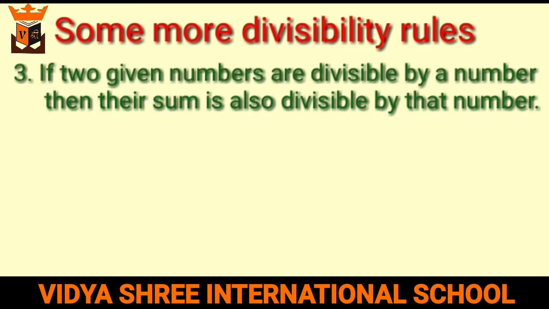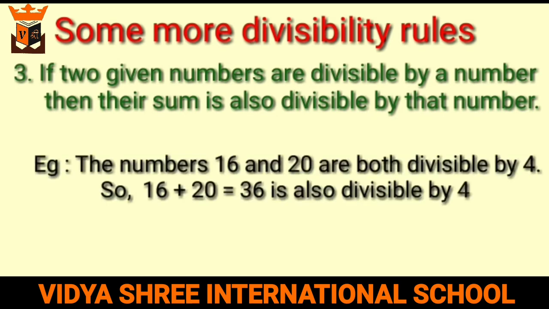Third rule is if two given numbers are divisible by a number, then their sum is also divisible by that number. For example, the numbers 16 and 20 are both divisible by 4. So the number 16 plus 20, which equals 36, is also divisible by 4.